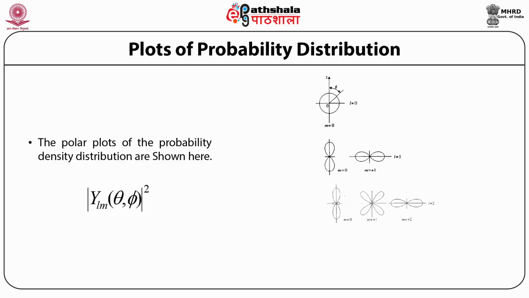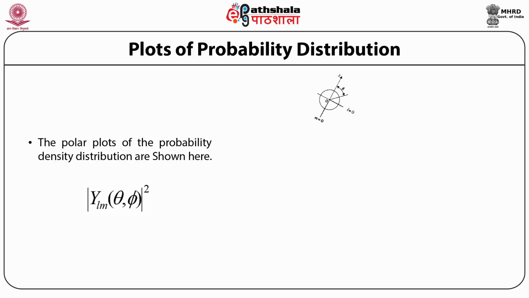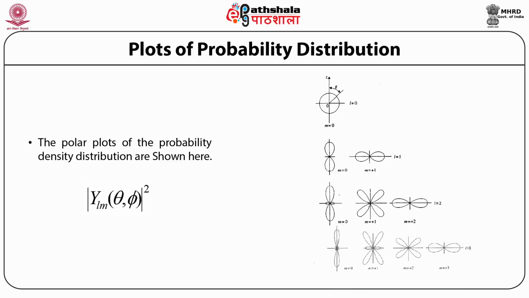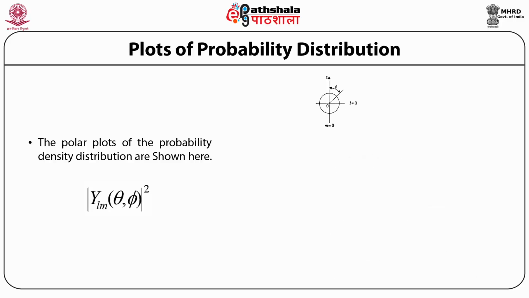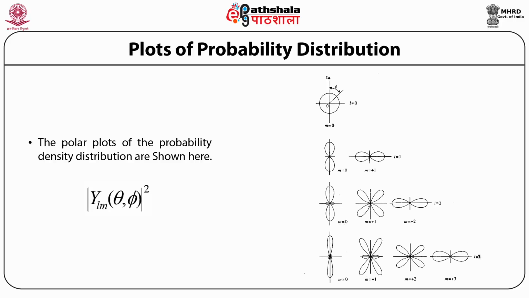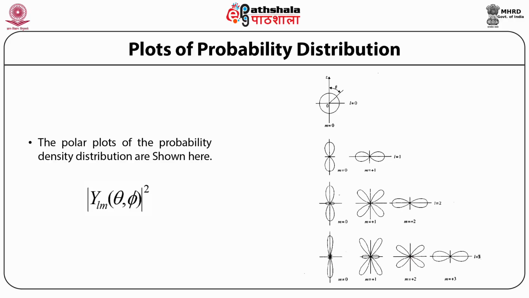For L equal to 1 and m equal to 0, we see that it's a dumbbell kind of shape with the node occurring along the x-axis or the horizontal axis. Whereas in the case of m equal to plus 1 and L equal to 1, again it's a dumbbell kind of shape with the node occurring on the vertical or the z-axis.